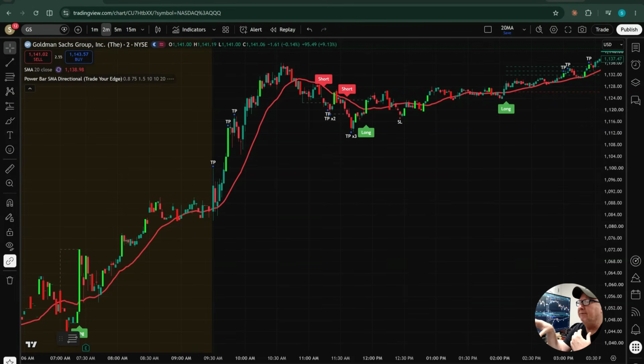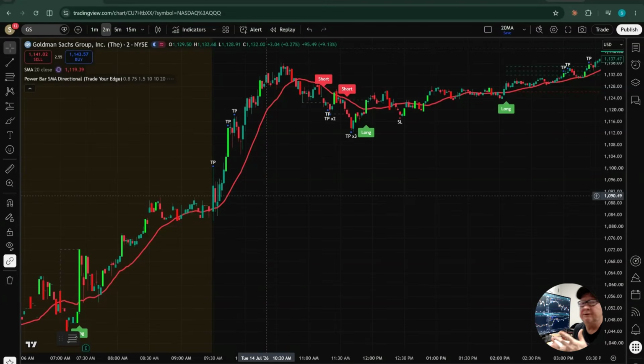I'm focusing in this video on the Power Bar setup, but whatever setup you use, you had movement in these stocks today, and it gave you opportunities. The Power Bar is simply a large bar that begins at or near what I call the anchor line, which is the 20 simple moving average.